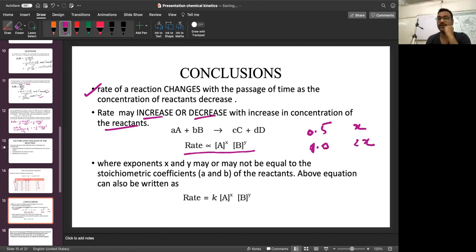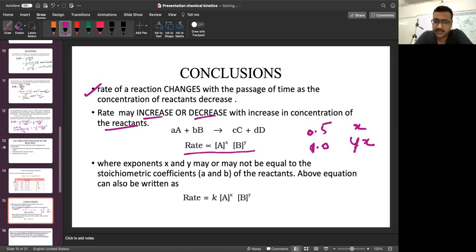Suppose on doubling the concentration of A, the rate of the reaction becomes 4 times. It may be the case, it is possible. Then what will be the value of x? 4. Okay.